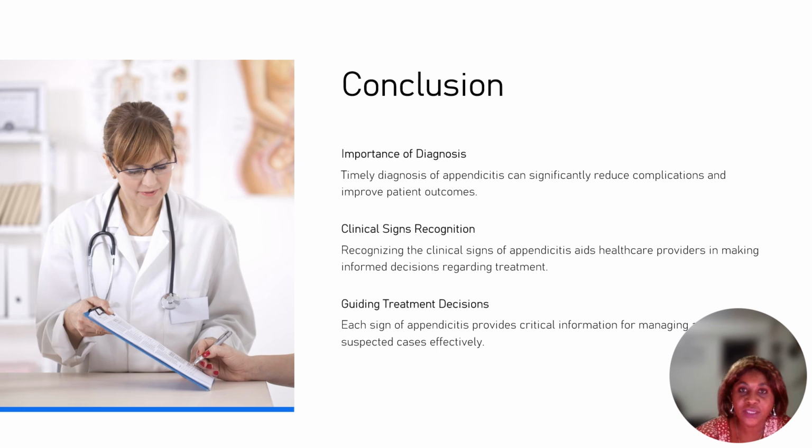Let's conclude and wrap this up, trying to make this note simple and short and sweet as much as possible so you get the point of it. The importance of diagnosis: timely diagnosis of appendicitis can significantly reduce complications and improve patient outcomes.